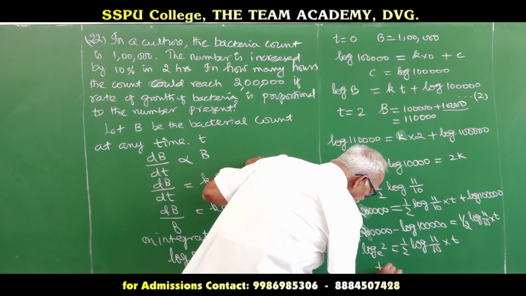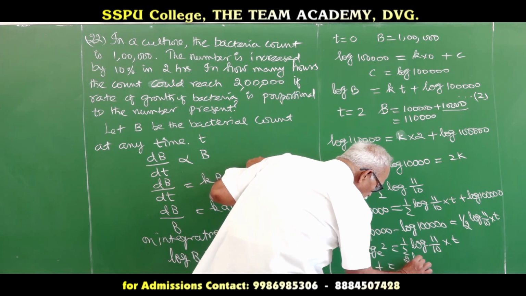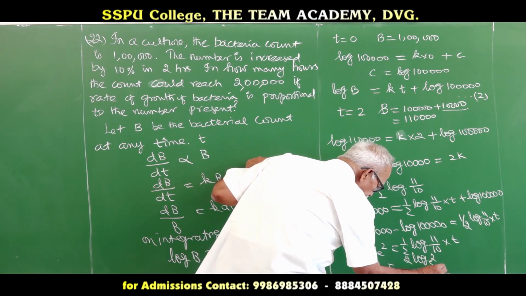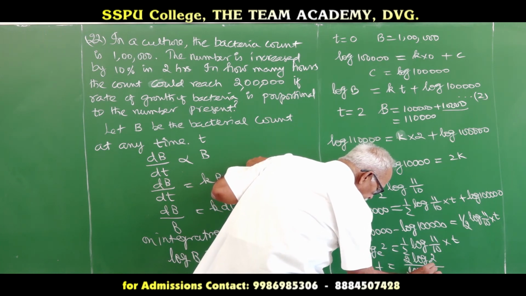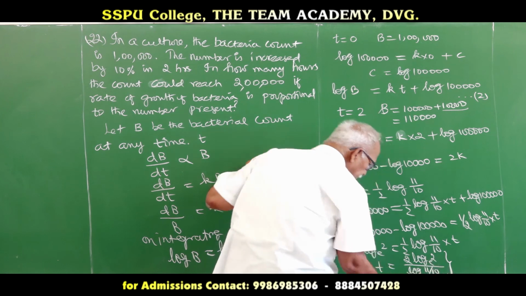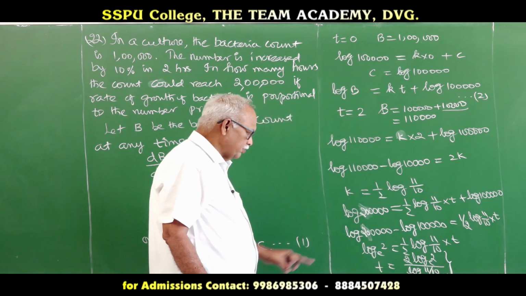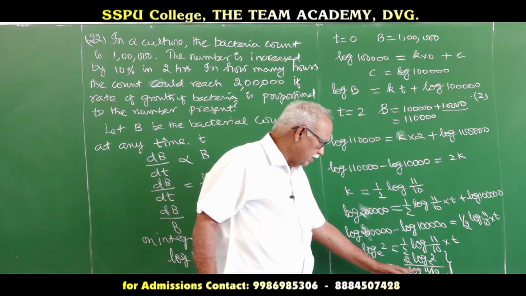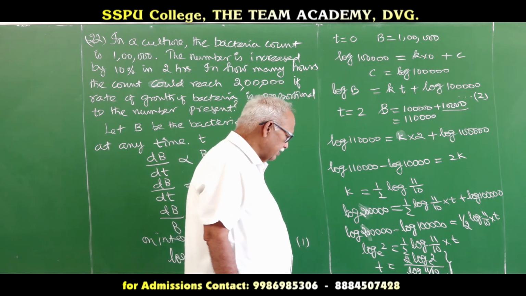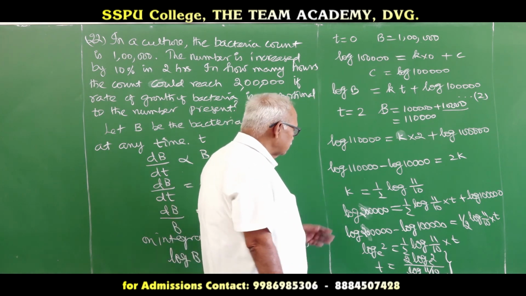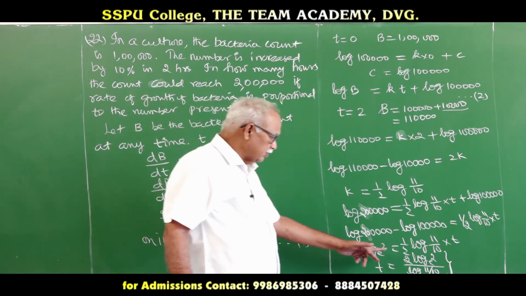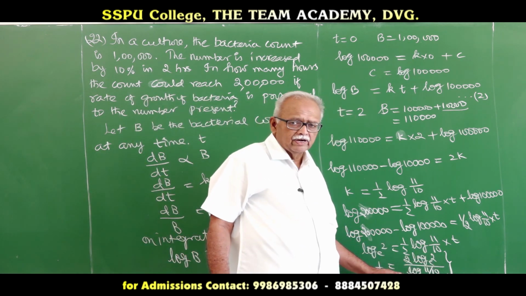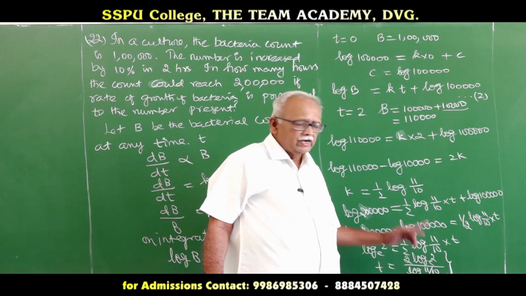Now the t value is 2 log 2 to the base e divided by log 11 by 10. That is the value of t for bacteria to become 2 lakhs. The time required is 2 log 2 to the base e divided by log 11 by 10.